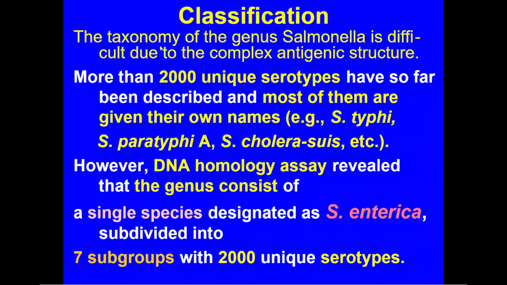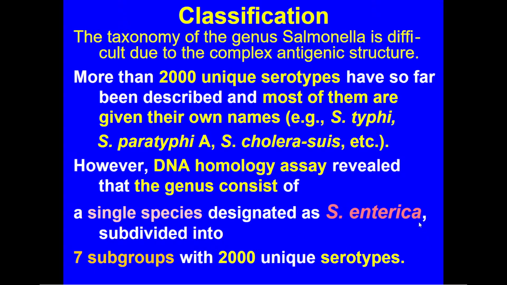So classification of Salmonella is very, very complicated. Altogether, we have up to 2,000 unique serotypes that can be distinguished by antigenic structure and by biochemical activity. Now these 2,000 unique serotypes belong to just two species. Salmonella bongori, but this Salmonella cannot cause diseases in humans.